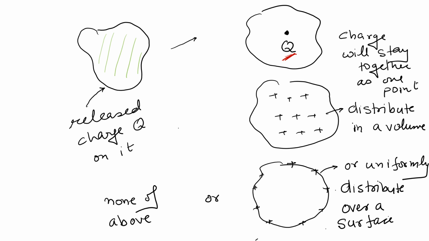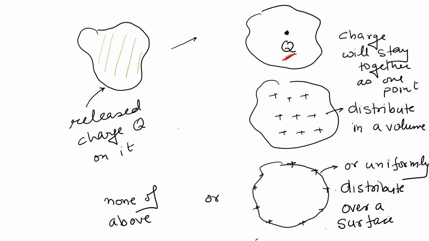Why would they sit at one point when they have free path on the conductor to go anywhere they want? They absolutely hate each other. They would repel each other. Why would they just sit together at one point when conductor is allowing them a free path to go, path without resistance, to go anywhere?